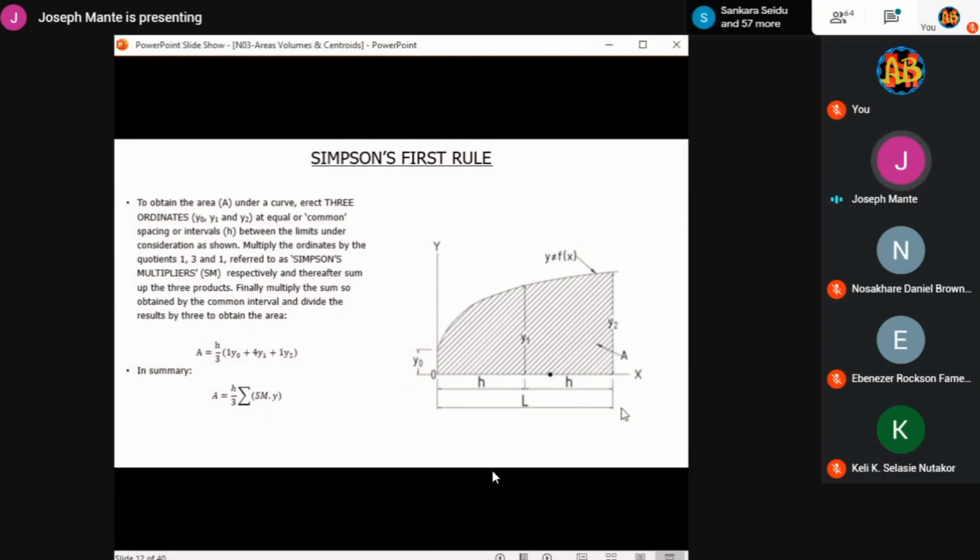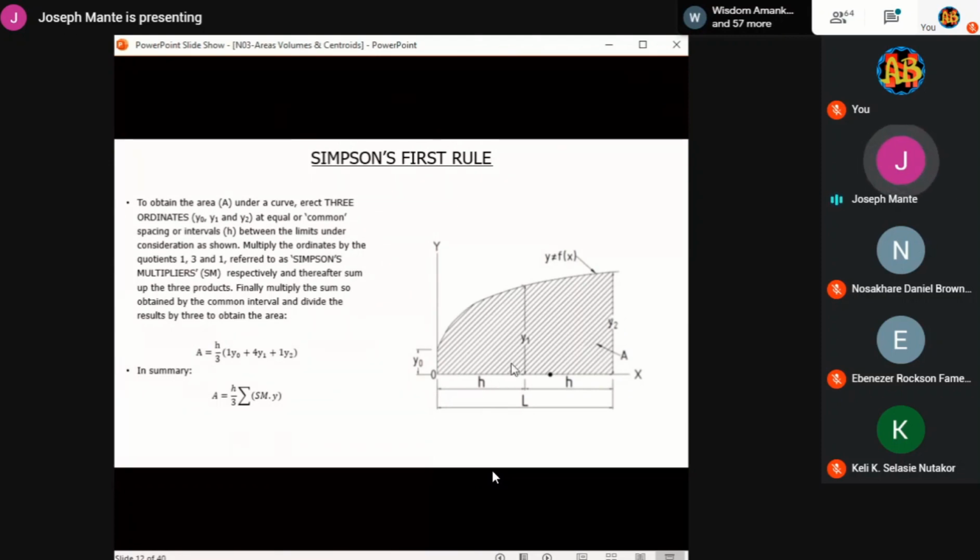Multiply the ordinates by the multipliers. Please, that thing there is not 3, it's 4. We have 1, 4, and 1. I will change that, okay? So you multiply the ordinates by the multipliers 1, 4, and 1. That is what Simpson is saying. When you have y naught, you multiply it by 1.